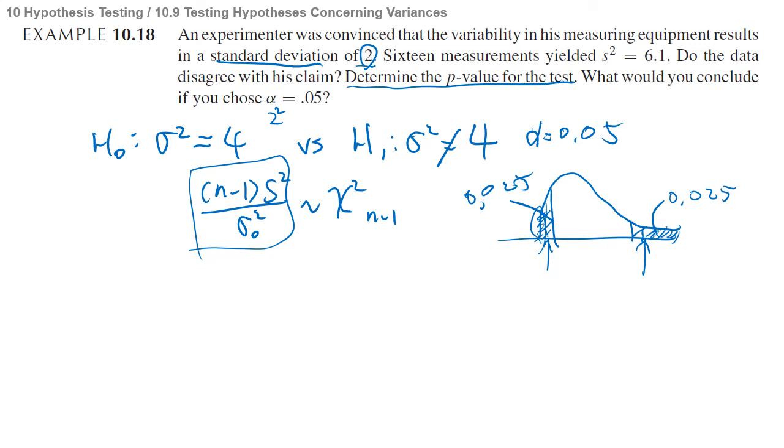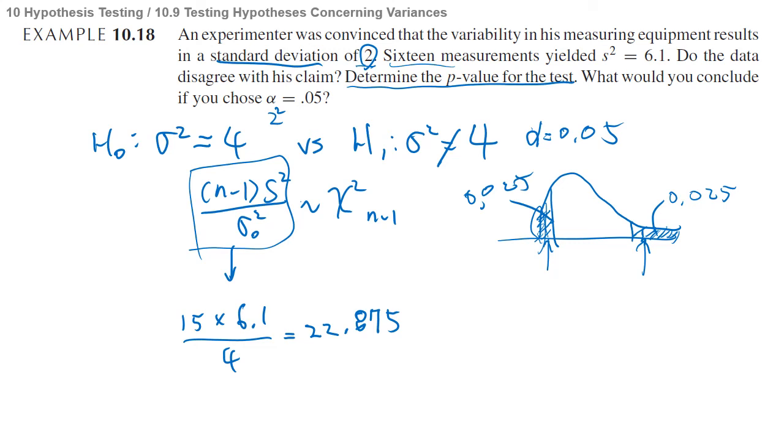That's the p-value. So let's calculate this quantity first. So n-1, where is n? 16 measurements. So 15. So 15 times s square, which is 6.1 divided by 4, is 22.875.